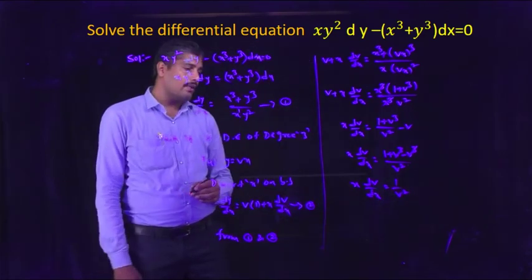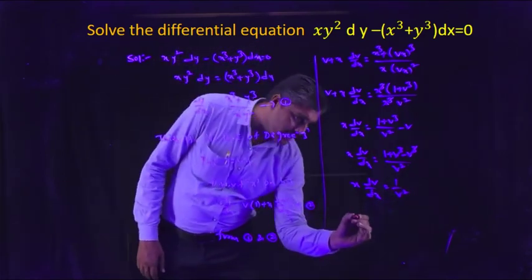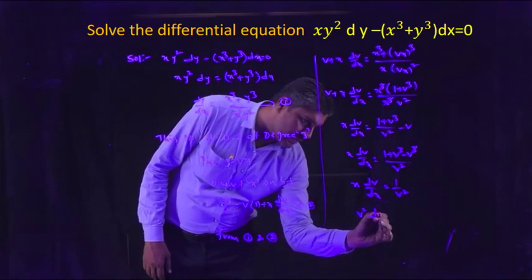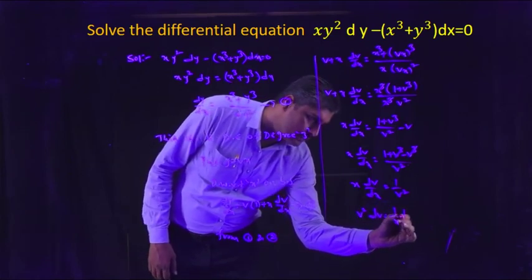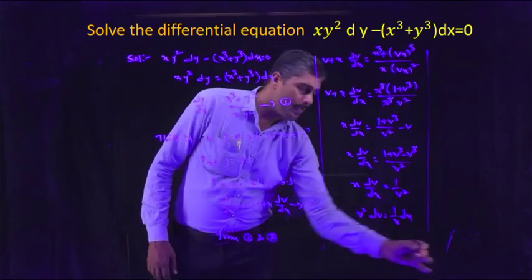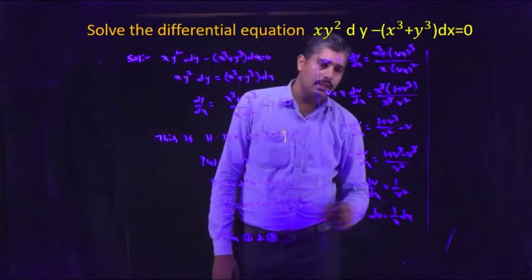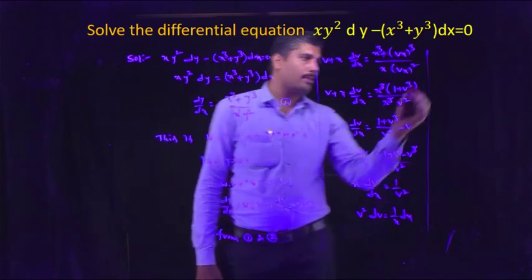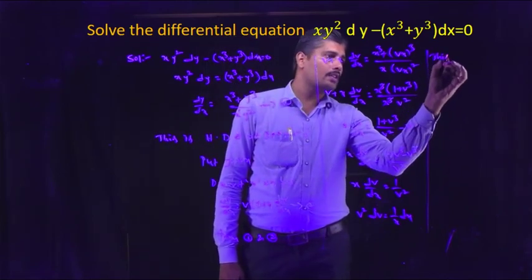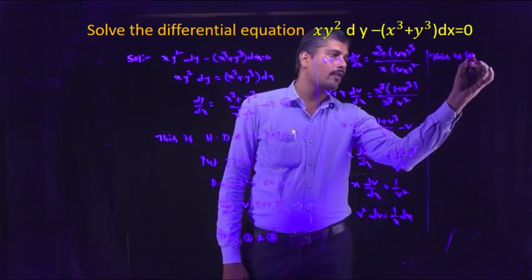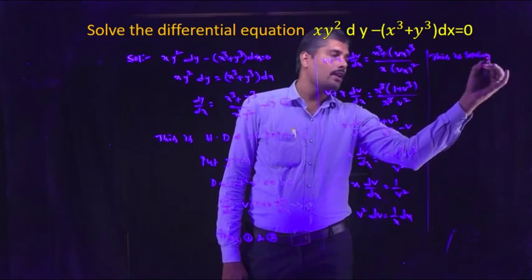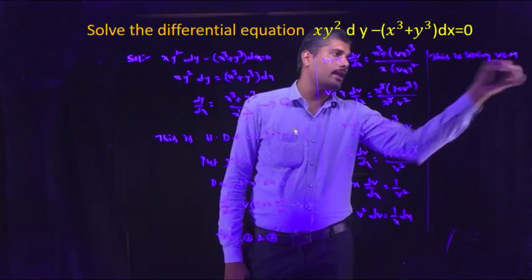Then separating v terms and x terms, we get v square into dv equal to 1 by x into dx. Therefore, this is solved by the variable separable method.